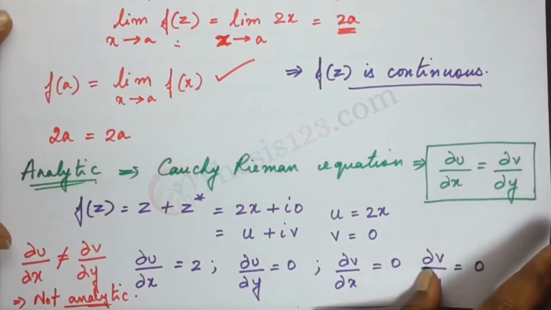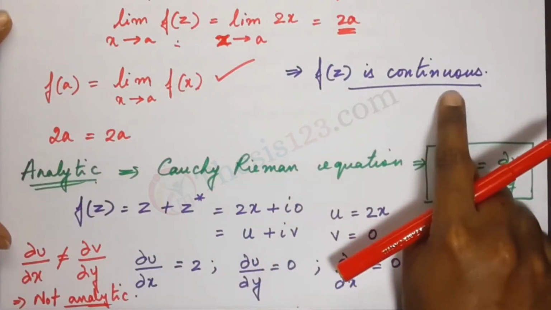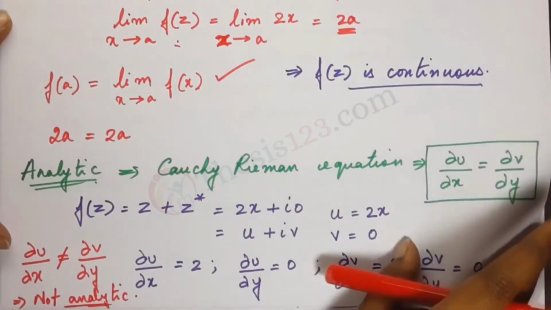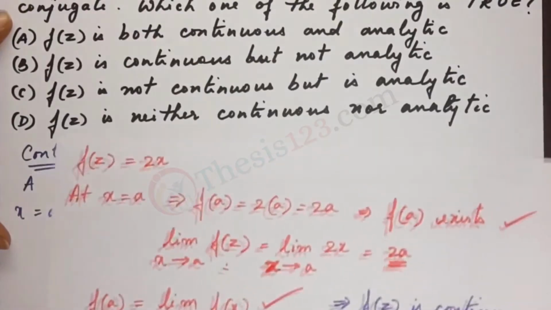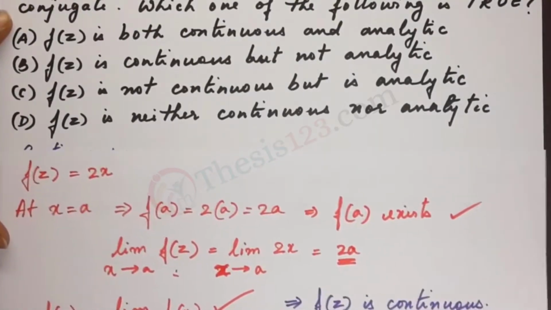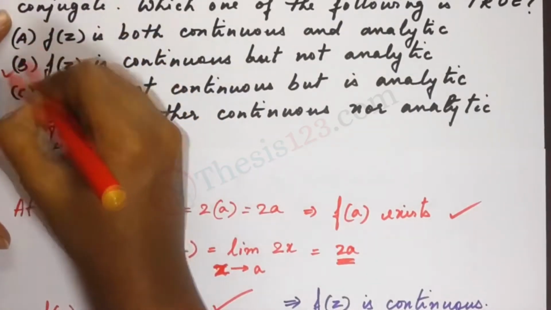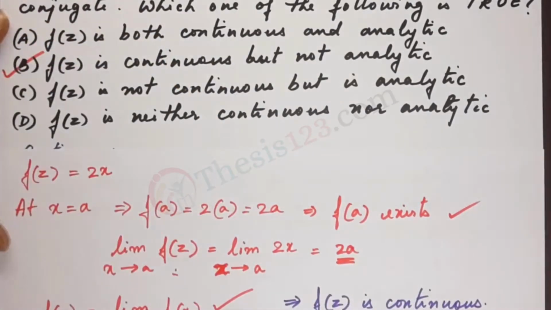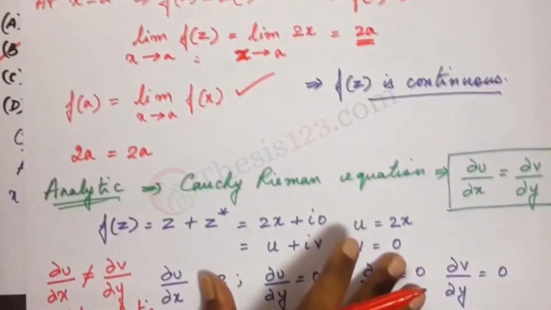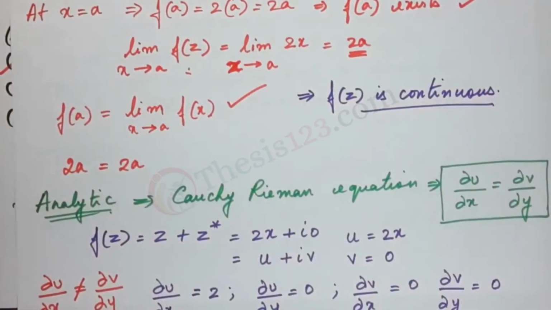So we find that the function f(z) is continuous, but it is not analytic. Looking at the options given here, is continuous but not analytic? The answer is B.